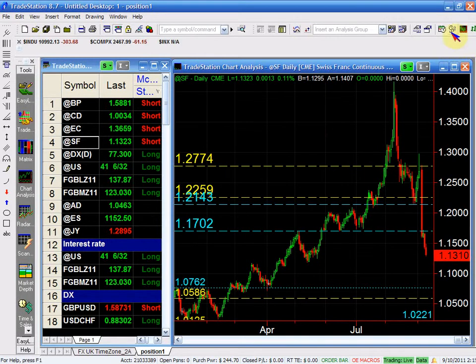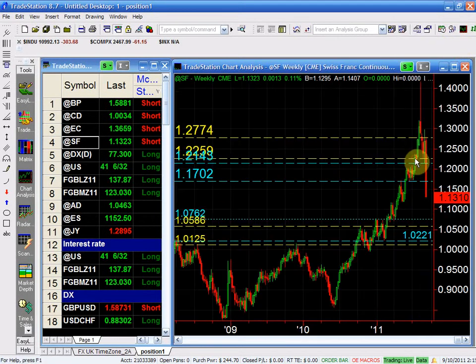If I look at the weekly for the Swiss, it has broken through two structure points and it's really continuing to the downside, so we should be looking probably for a continuation towards the 107. So in this case we have an additional 400 points to the downside based upon the basis.